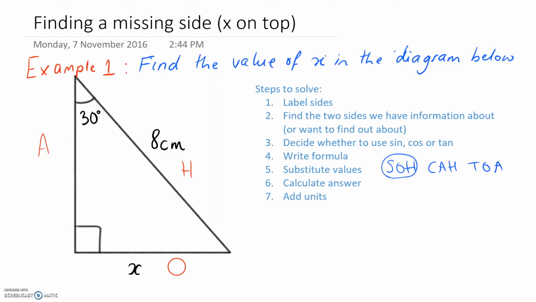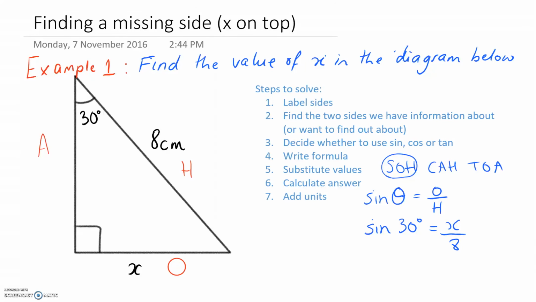We've decided on sine, which is SOH. Step 4 is to write the formula. That's the SOH formula out in full. Sine theta, don't forget the theta, equals opposite over hypotenuse. Next step, substitute your values in. For this example, theta is 30 degrees. The opposite side is x, and the hypotenuse is 8.